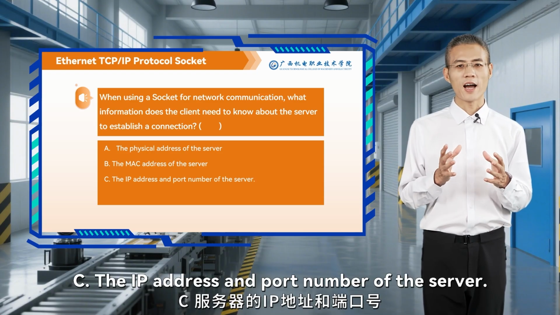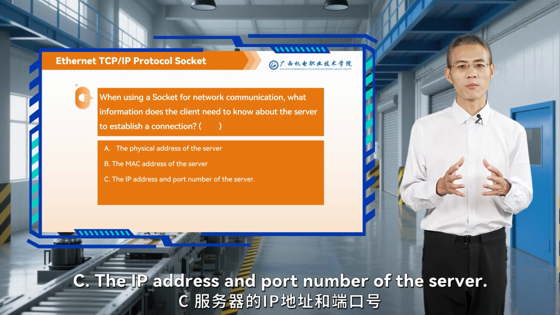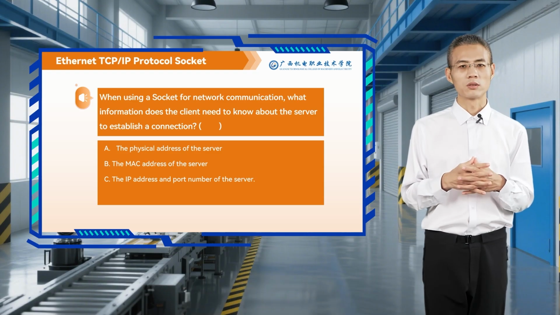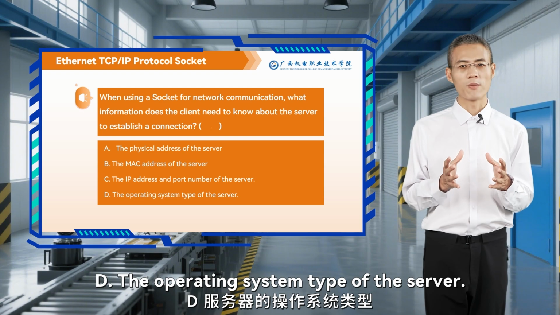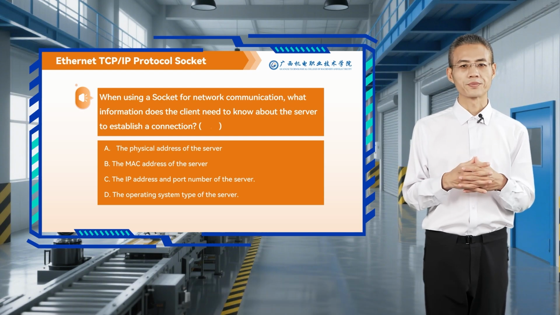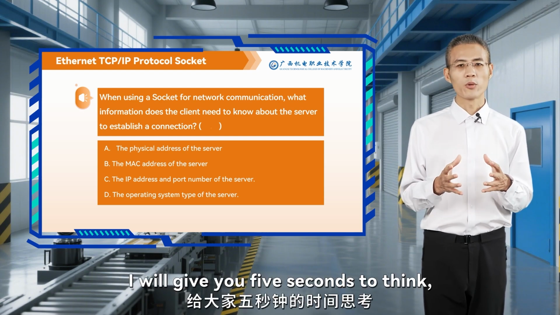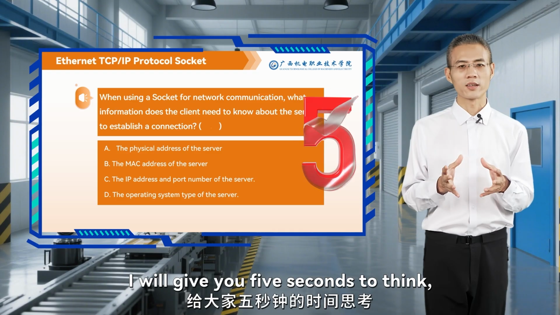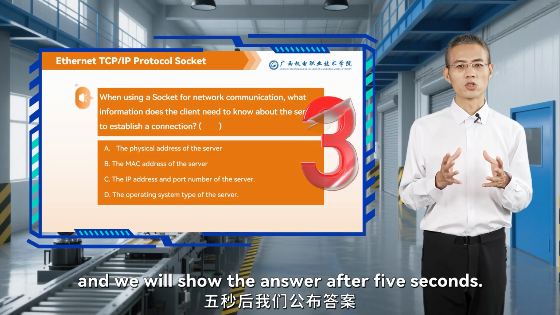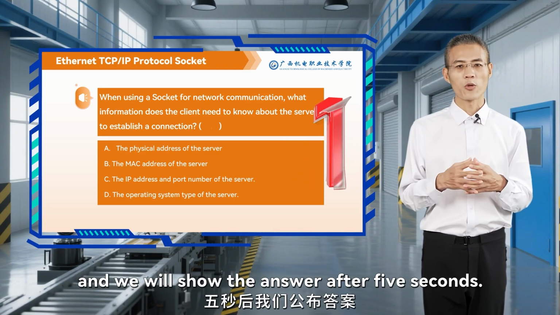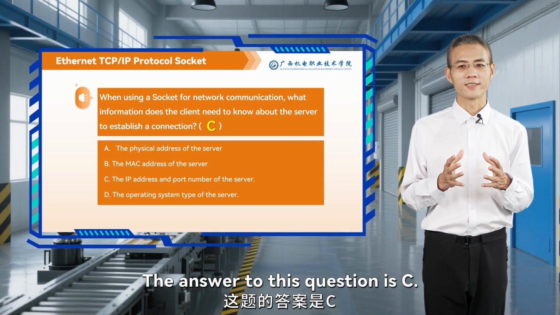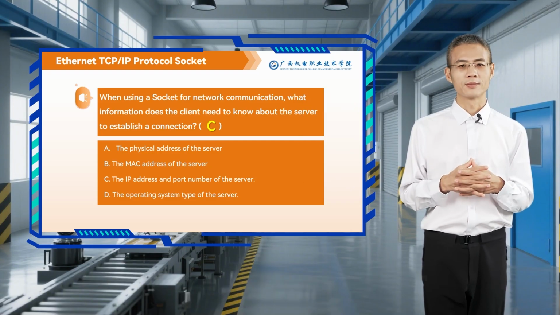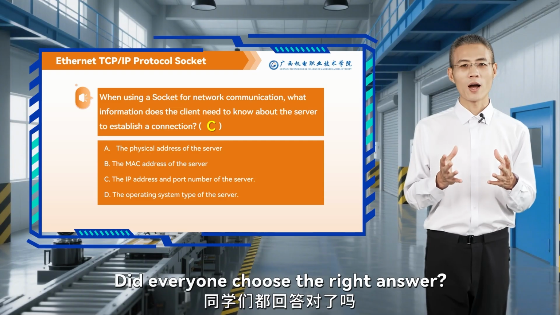C. The IP address and port number of the server. D. The operating system type of the server. I will give you 5 seconds to think and will show the answer after 5 seconds. The answer to this question is C. Did everyone choose the right answer?